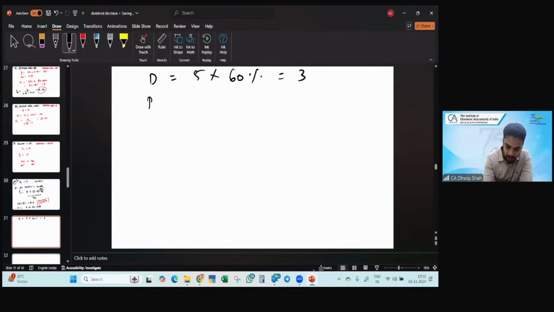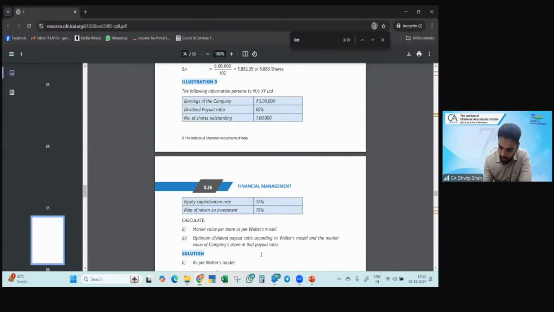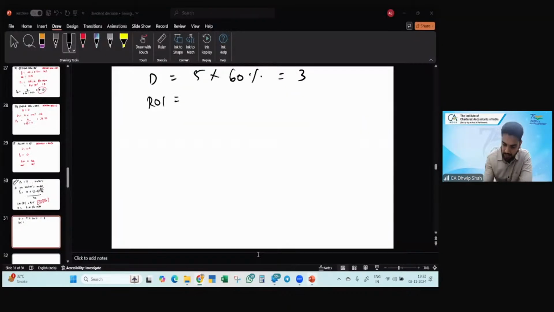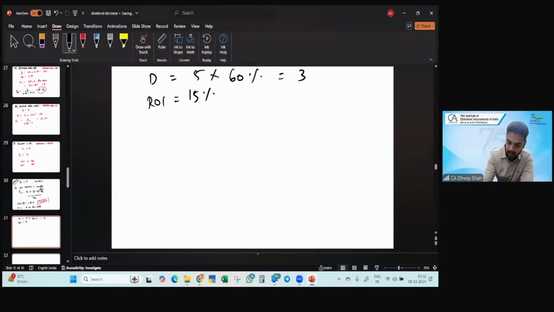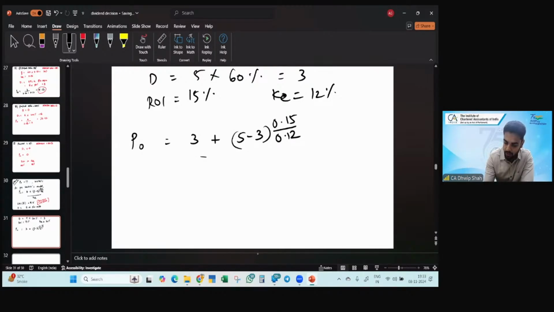ROI is given as 15 and KE is 12. So all the variables of the formula we have. We just need to substitute the values. D is 3 plus E is 5 minus 3, 0.15 divided by 0.12, the whole divided by 0.12.